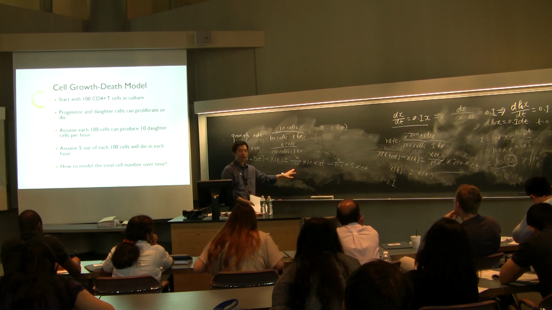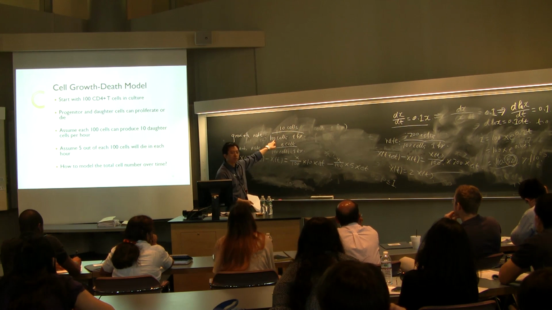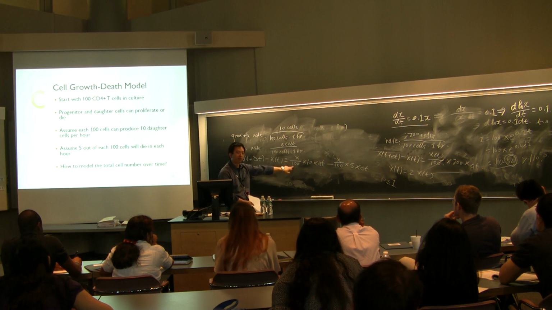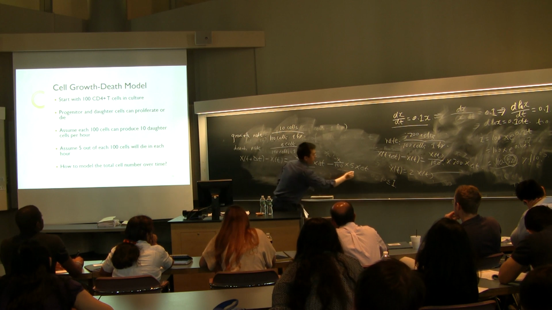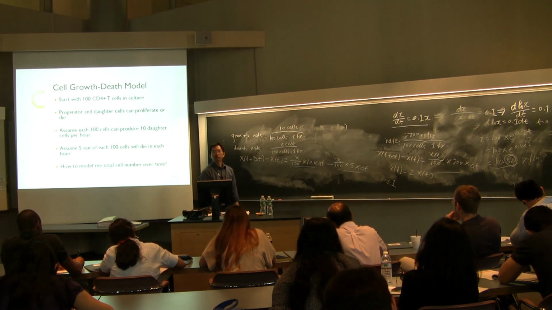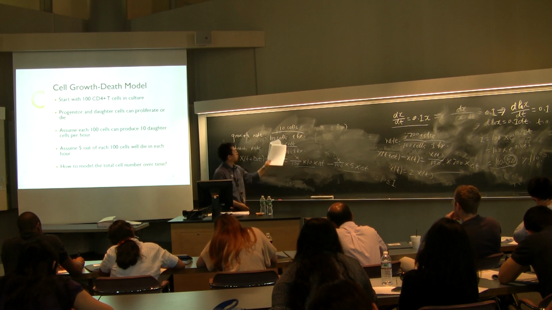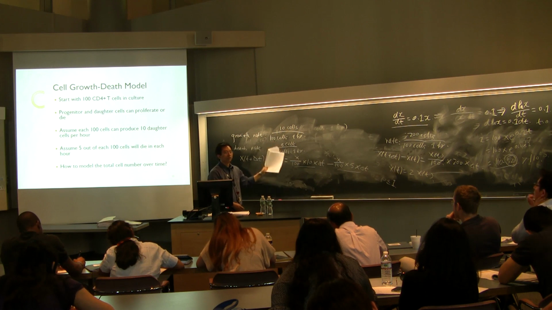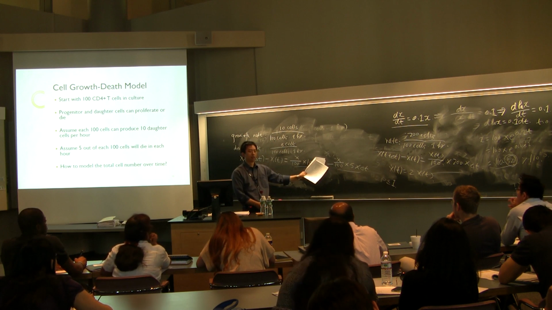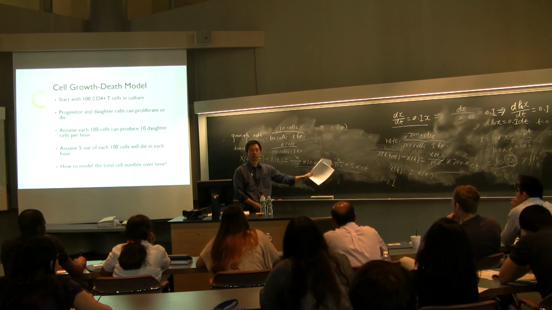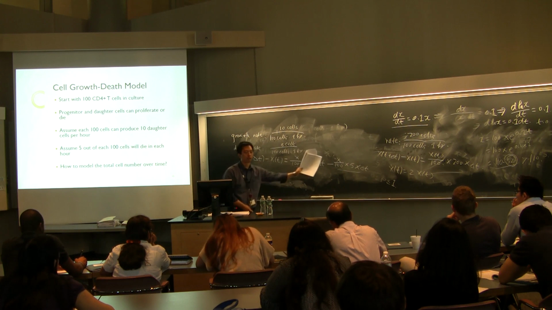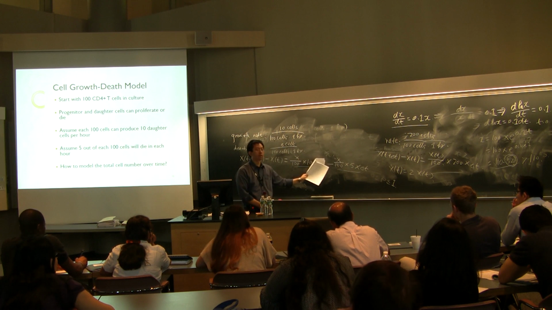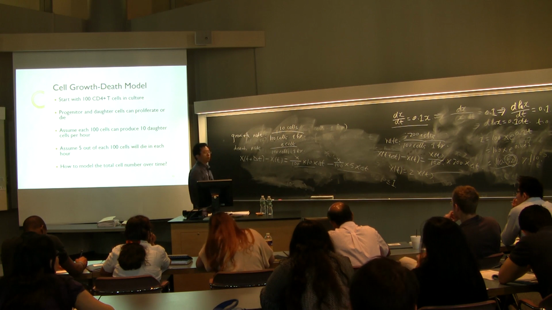Here I already used this information by dividing by 100. So this is growth, and this is death. These two terms are constructed in a similar way; I just put a different sign in front of the second term because it's death. So what's the next thing we're going to do? We divide by delta t on both sides.